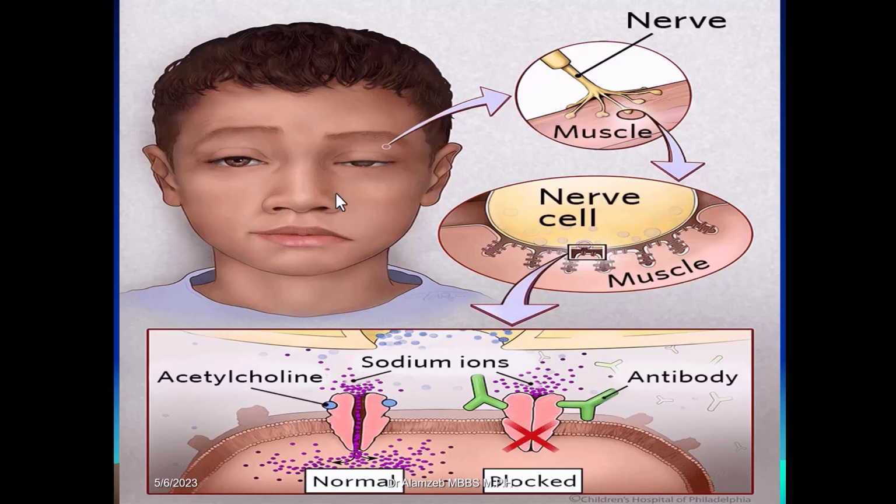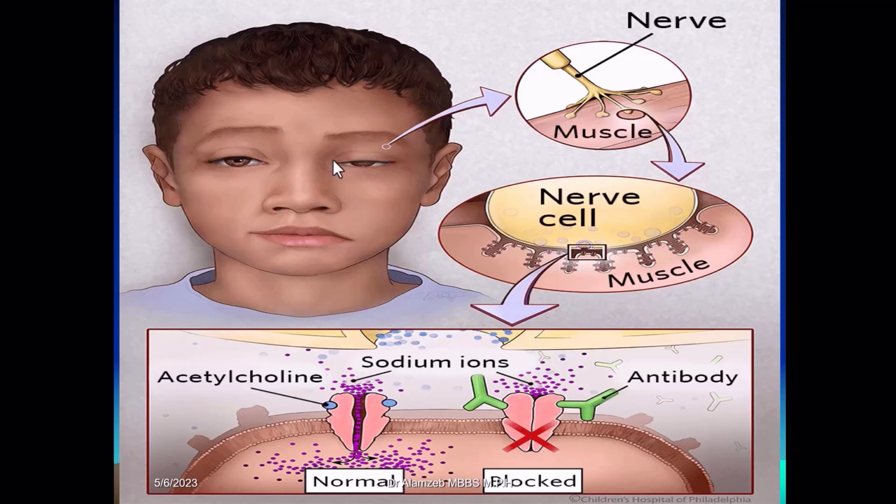After that, he stops talking. Or when food is presented to him, because his muscles are paralyzed, he cannot take much food. So this is the difference between facial palsy and myasthenia gravis.